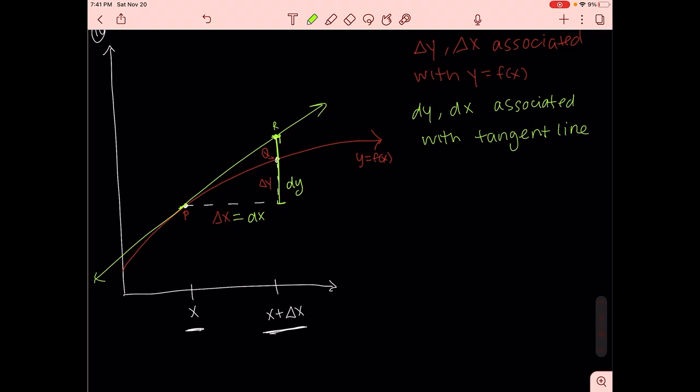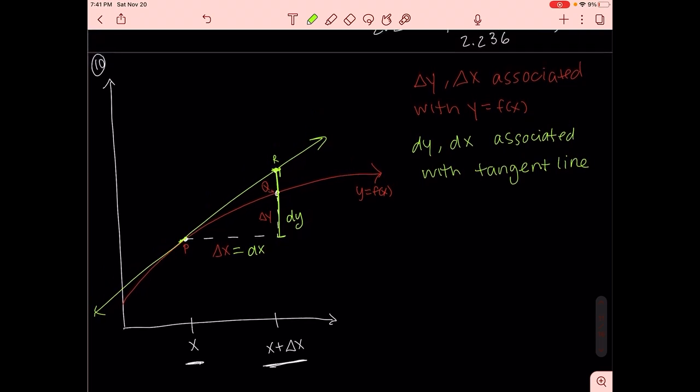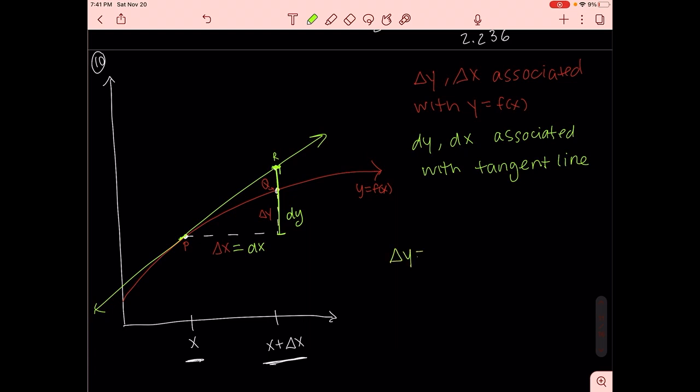And so as you can see, this provides us an estimation, as I mentioned before, of delta y rather than the actual delta y itself. If we wanted to actually find the real value of delta y, we'd have to use the following formula. Delta y is equal to f of x plus delta x, so that's just this x value right here, minus f of x.